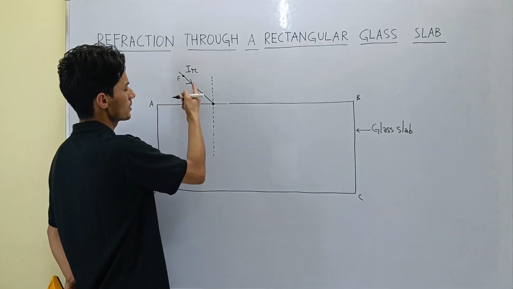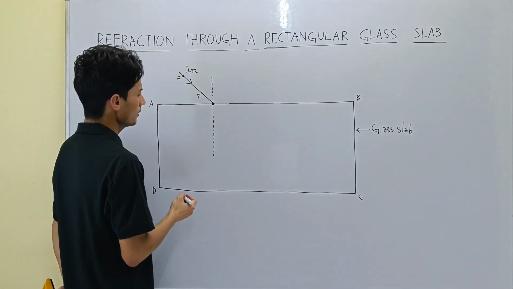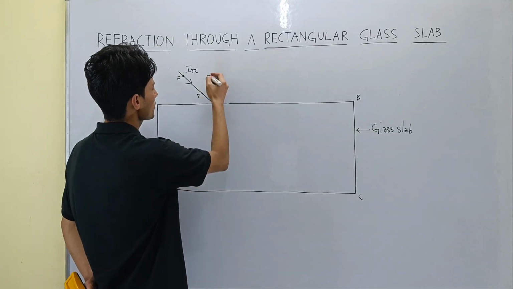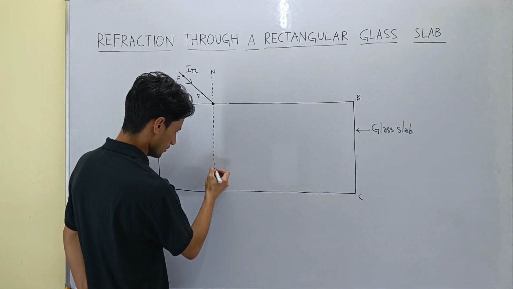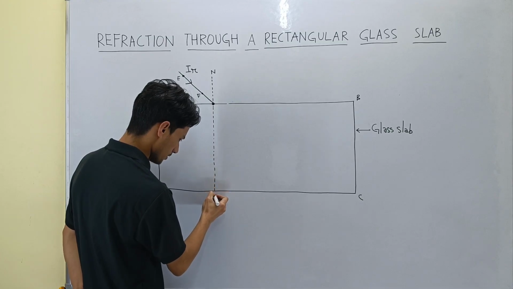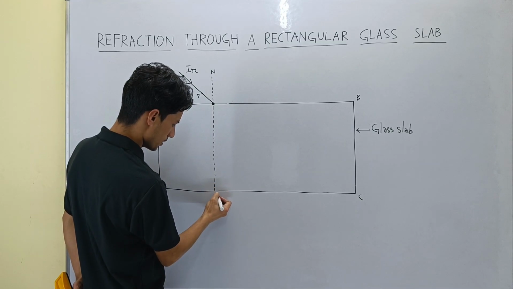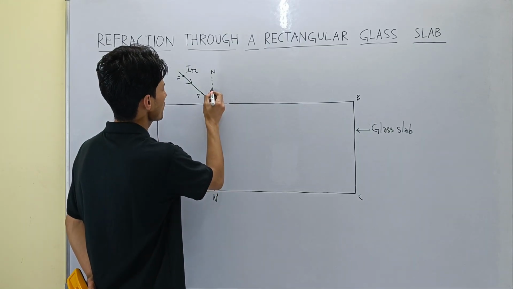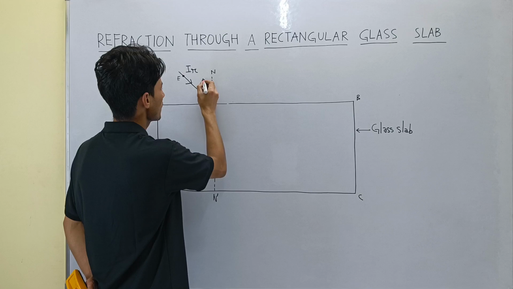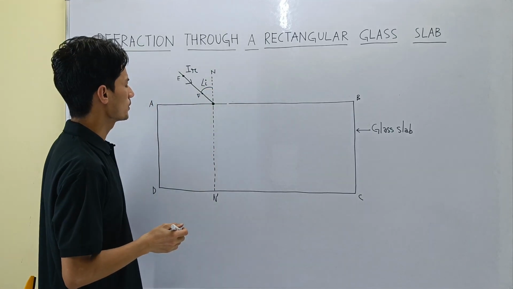Then this is the normal. We can extend it till here also. This is N bar. Between the normal and the incident ray, we get an angle. This is the angle of incidence. We already know about that.